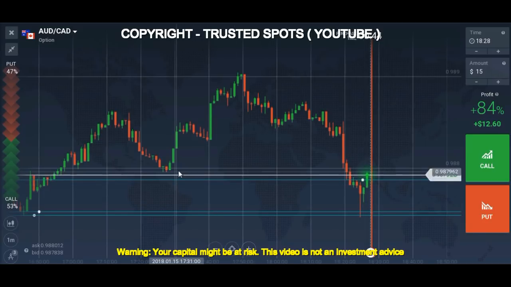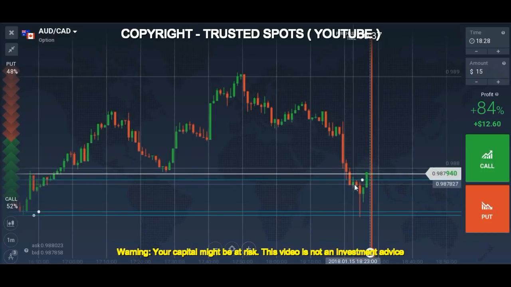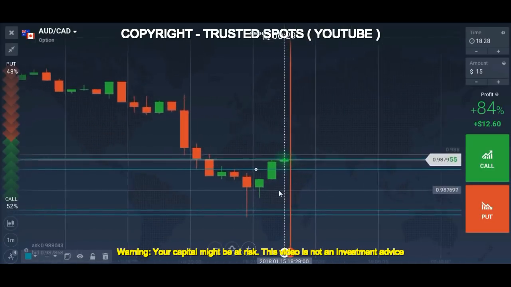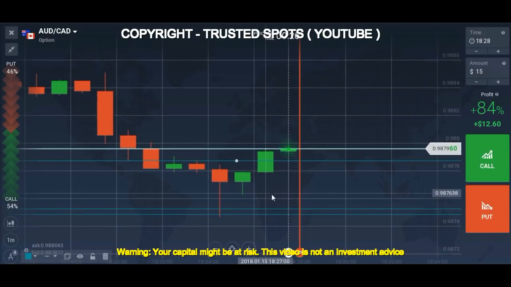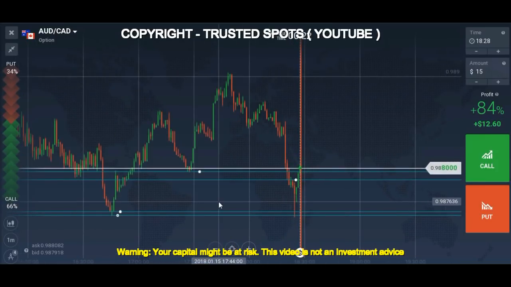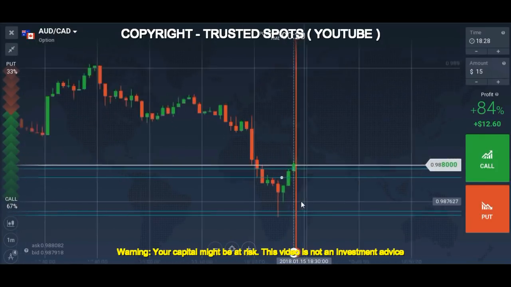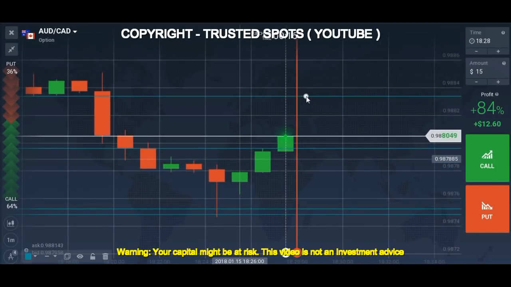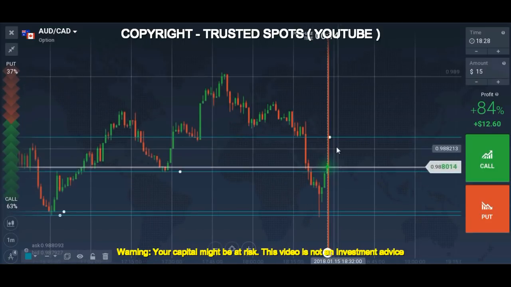Okay, we have here another level. Let me draw it first. Okay, we have a level. It closes just after the candle, but I'm not satisfied. I will not trade here. I will wait for this candlestick to finish first.